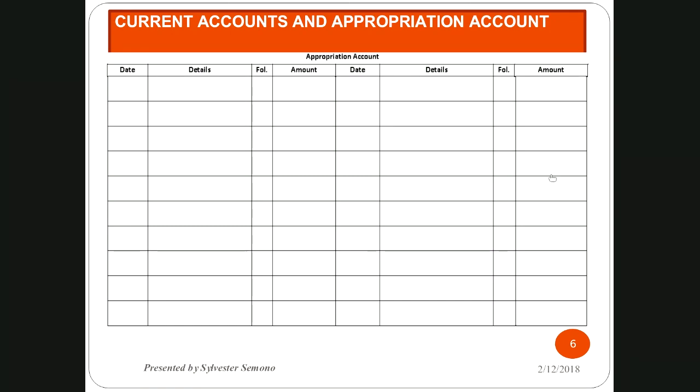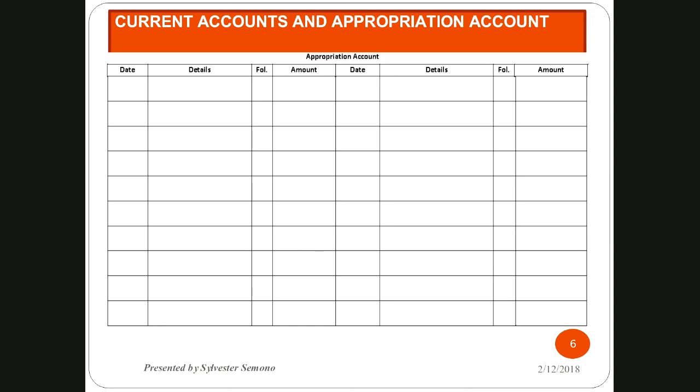So the first thing we need to record here is to check, do we have any profit or loss from the period? According to our information, we do have the profit which has been given to us for the year of 2,505,650. So this amount must be put on the credit side. That is the first thing that we need.